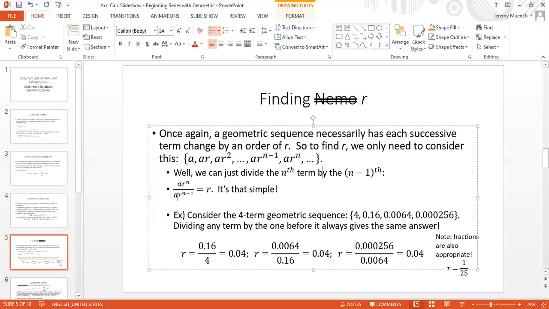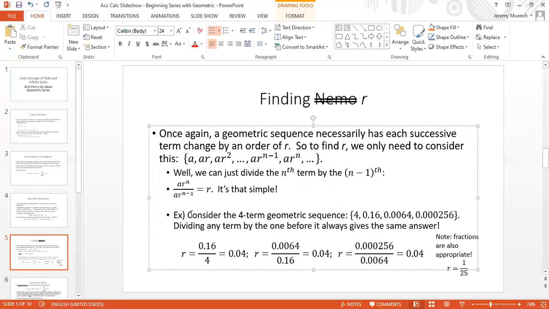The a's cancel, all the copies of r except for 1 cancel. There's 1 more r up here than there is down here. So literally, if I take any two sequential terms and divide the later one by the earlier one, I'm going to get r, guaranteed. I just pick any two terms next to each other in the sequence, divide the later one by the earlier one, and I've got r.